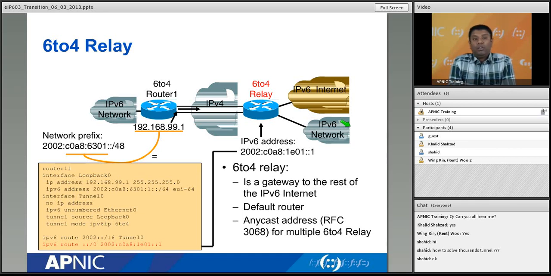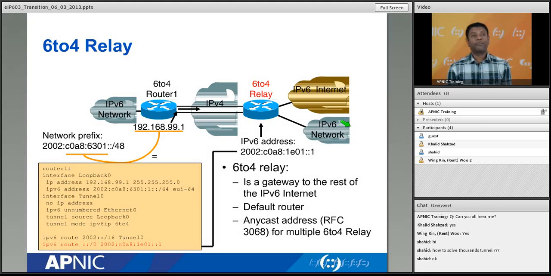So we saw how 6to4 tunneling works and how 6to4 solves the automatic discovery of the tunnel destination, right? Now the question is, in 6to4, what we solved is that a 6to4 site can browse to a 6to4 site. Only a 6to4 site can access a 6to4 site.